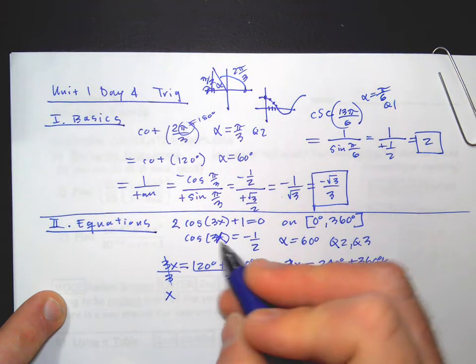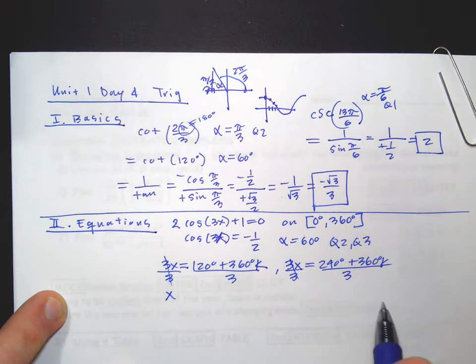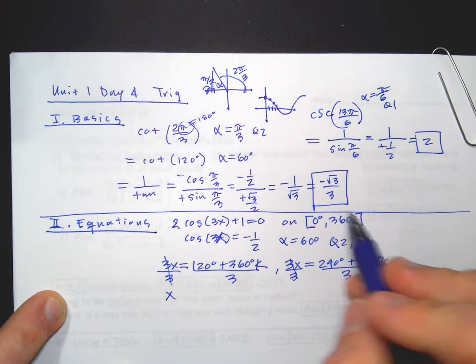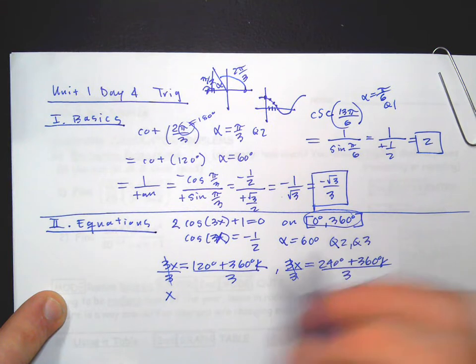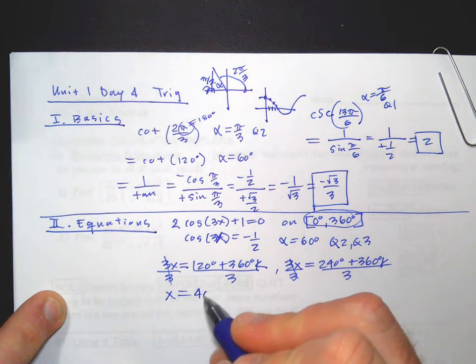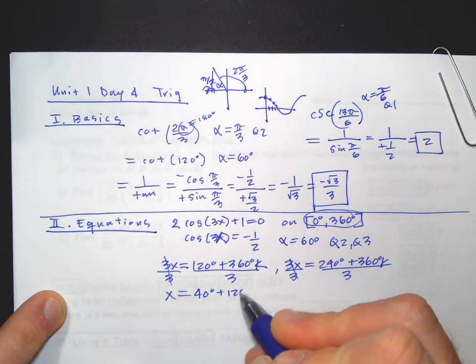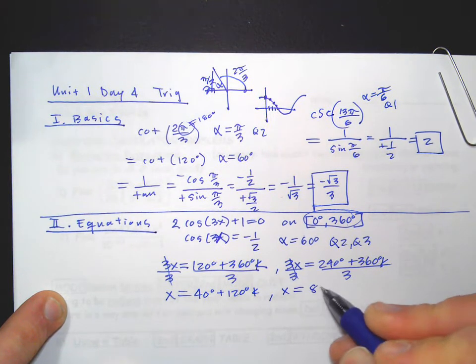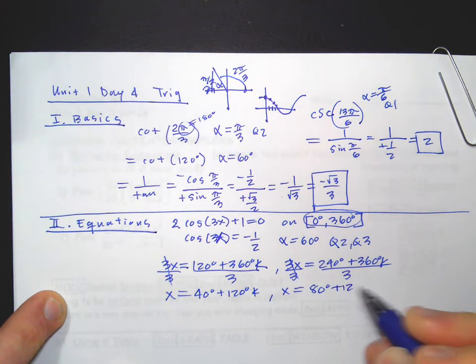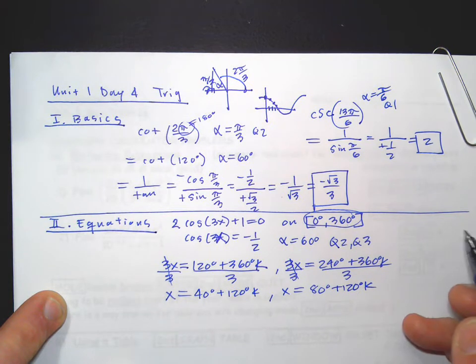Now that 3 is going to make the period a third of what it normally is. So usually we get 2 answers here. We expect to get triple the normal. We should get 6 answers total. 40 degrees plus 120. You should know that. So if you don't get 6 answers, you should be like, I missed one. If you get more than 6, you should be like, where did that extra one come from?